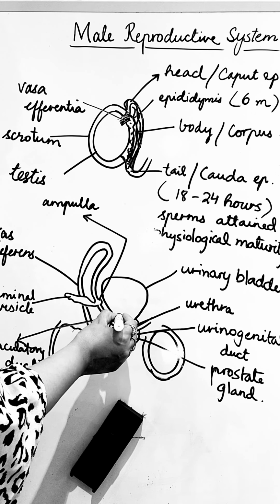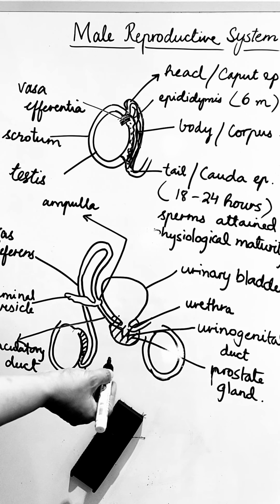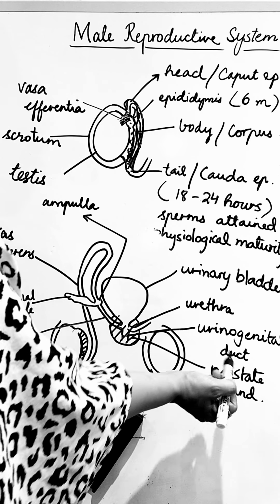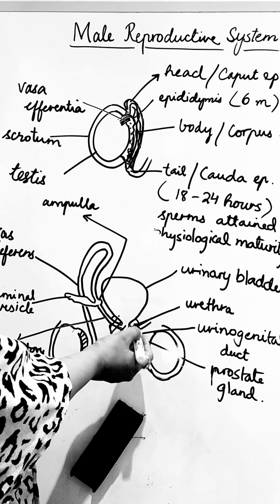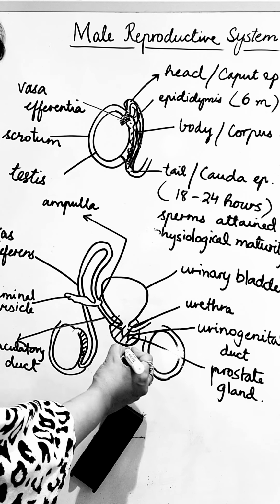You will not be able to see the internal structure due to this prostate gland. Unless this prostate gland is removed, you will not be able to see the internal structure which I have just taught.